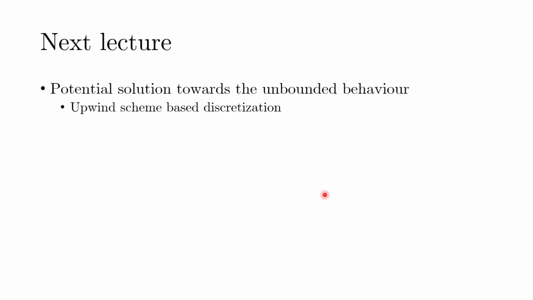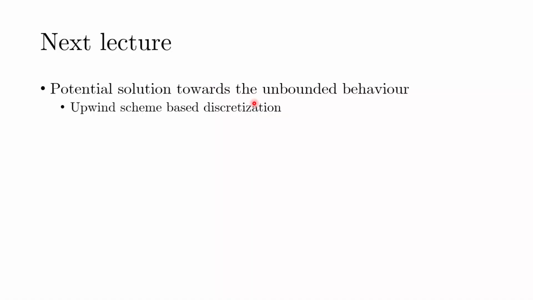In the next lecture, I'm going to talk about potential solutions, because so far we can't really use the central differencing scheme for high Peclet number. We are going to look at potential solutions to handle high Peclet number problems, and this is where one of the very widely used CFD numerical schemes, called the upwind scheme, comes in.